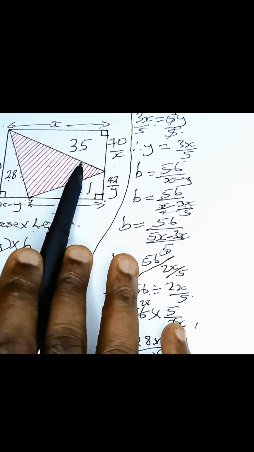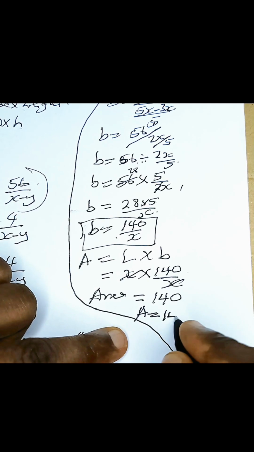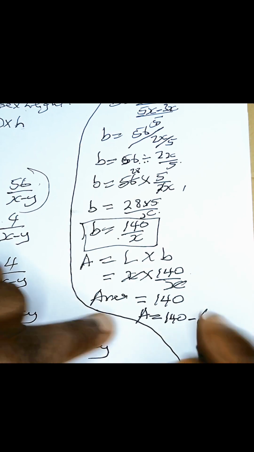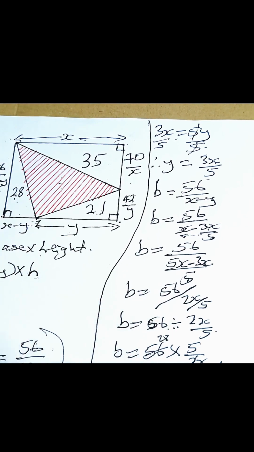So what do we now do to get the area of the shaded portion? The area of the shaded portion will now be equal to the area, which is 140, minus the addition of these three, 35 plus 21 plus 28.